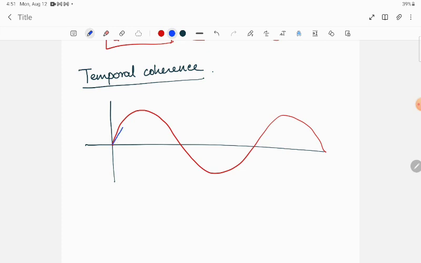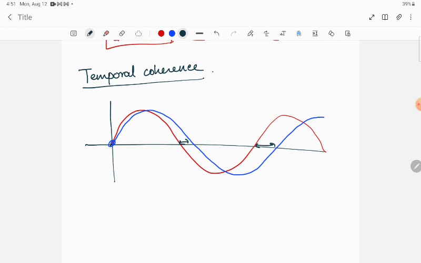Let's say it has a slightly longer wavelength, so a slightly smaller frequency. If you see it, they start off at the same point, at the same phase, so both of them are 0 here, and then as the wave propagates, the separation between the waves increases, right? And after a certain distance they will become out of phase.